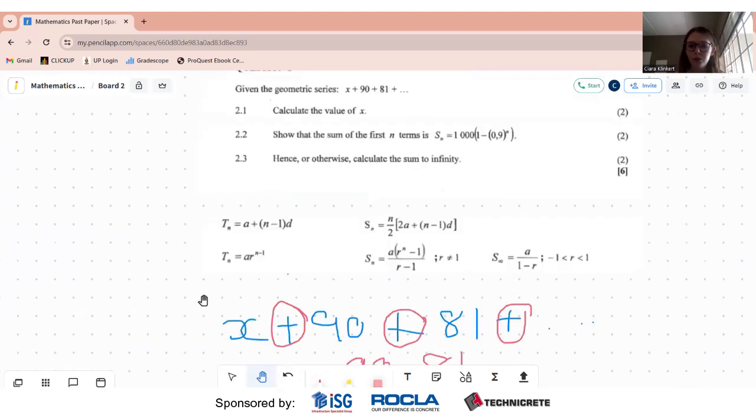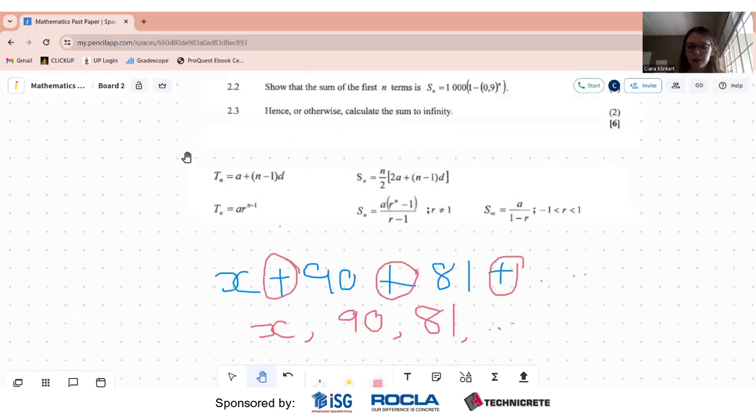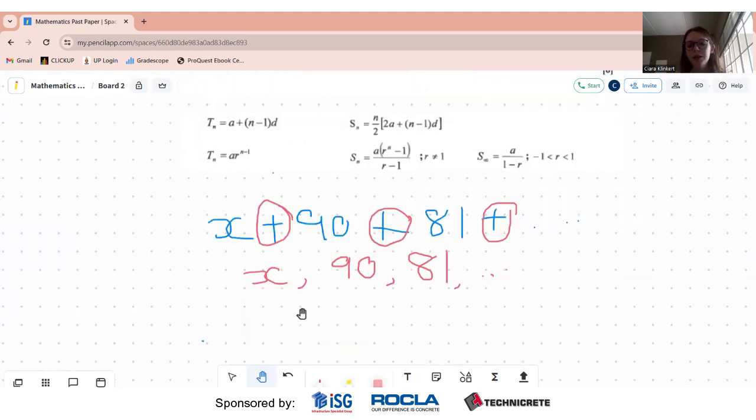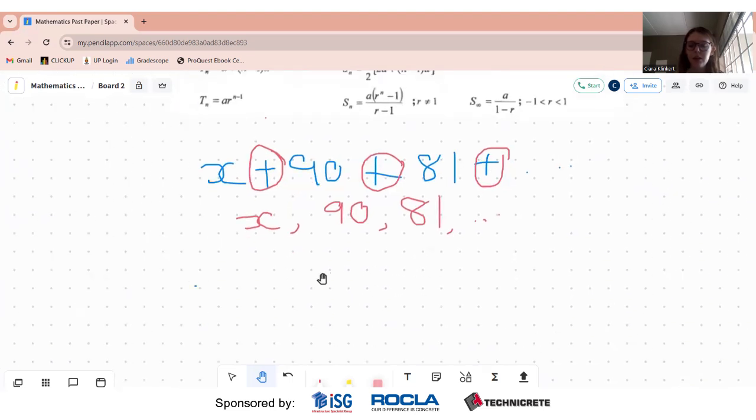So the first question is to calculate the value of x. Since I know that x, 90, 81 is a geometric sequence, I can apply the principles and ideas of geometric sequences to this problem. And as I said last time, the first thing that should always pop into your mind when you're dealing with a geometric sequence is this idea of a constant ratio. That is what we are going to use to help us solve this problem.